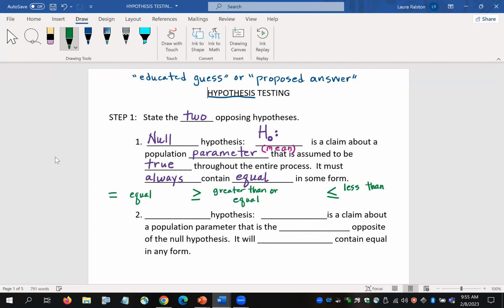One of the biggest decisions that you as the researcher or you as the reader of the scenario is going to have to make is which one of those symbols do you have? And it is totally based on the phrasing or the wording of the problem. You are going to have to read very carefully.